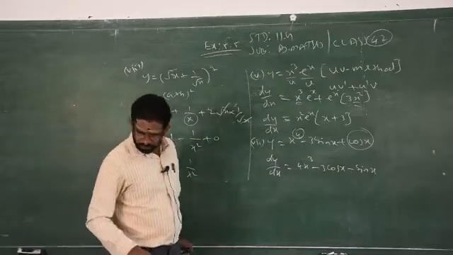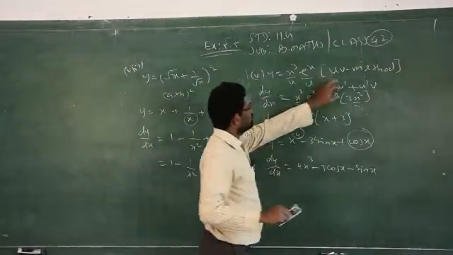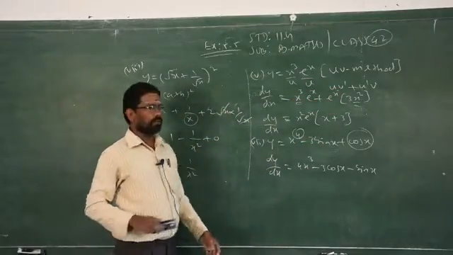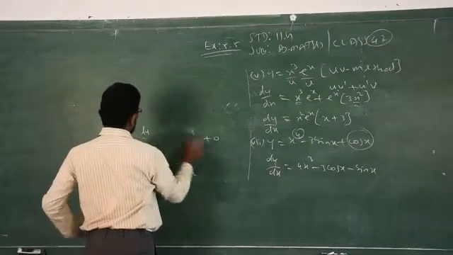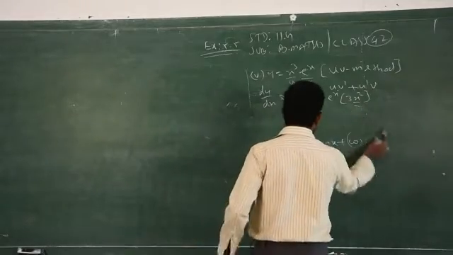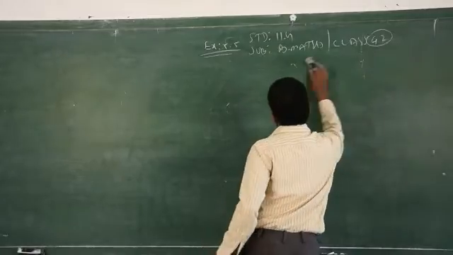Clear? Now we will go to the second problem. Just now you know what the product rule is. The UV method is called the product rule. Now we will go to the quotient rule, that is the division rule, u by v method. This is used when the variable is present in both the numerator as well as the denominator.